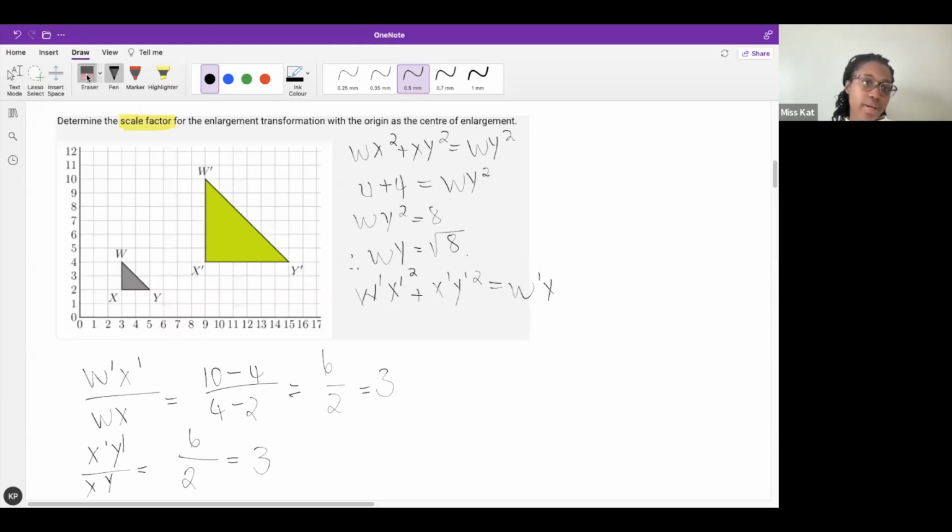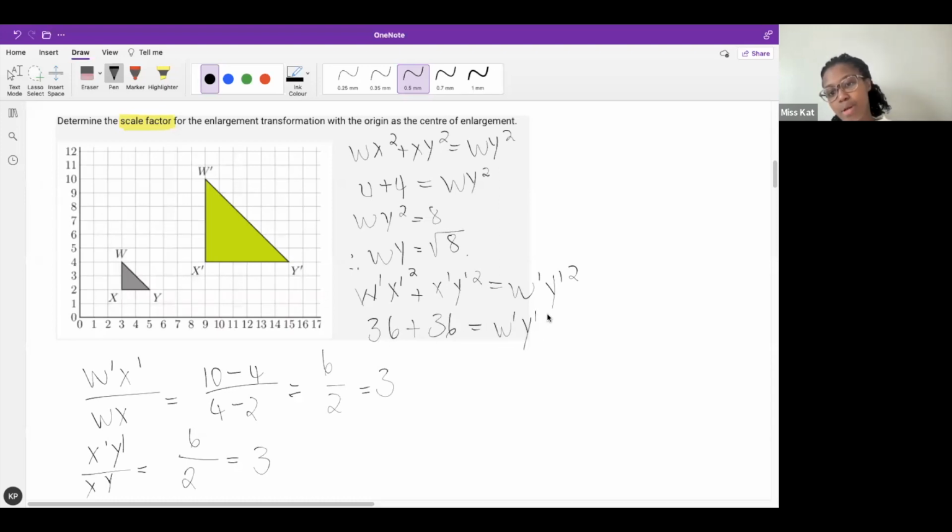Does anybody know why? Why did I specifically say that accurate sentence? Why did I have to specify that? Is it safe for us to just assume? Thank you, Mikhail. Remember, it doesn't mean necessarily that these triangles are drawn to scale. So you can't just assume that they are a certain size, right?